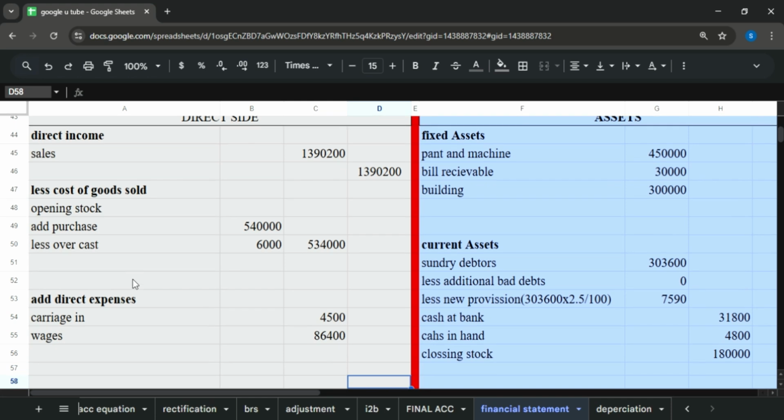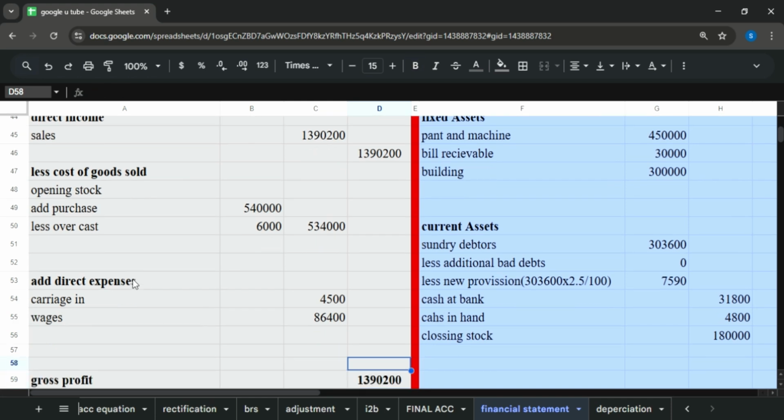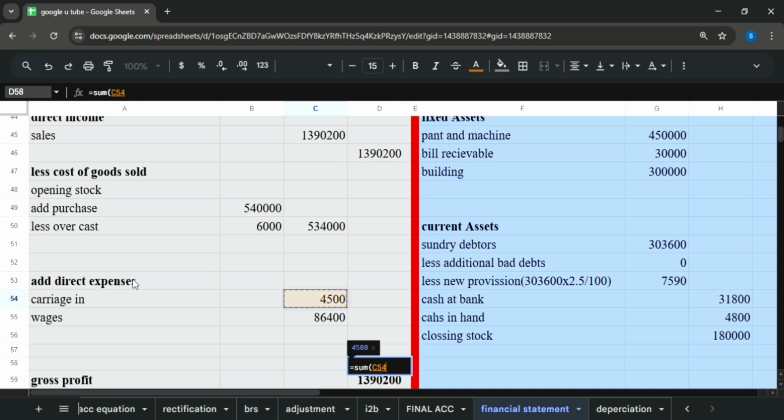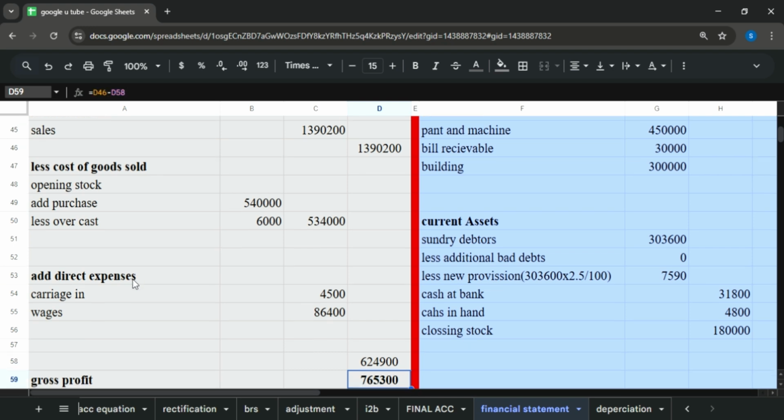Now we are ready to sort out our grand cost of goods sold statement, where you can take the sum, and as you can see there are two direct expenses, and you will add it in cost of goods sold. So we have got our cost of goods sold 624900, and gross profit we have got 765300.